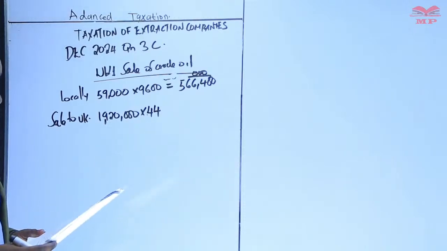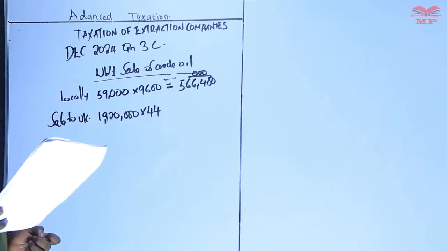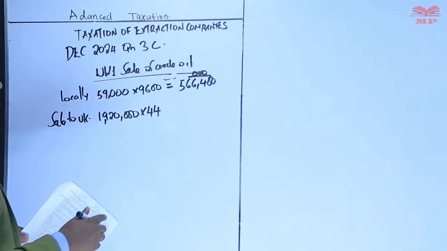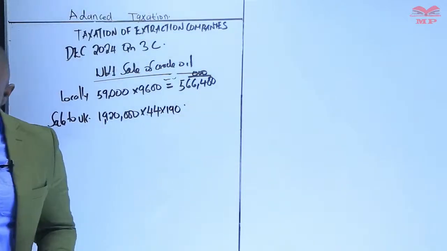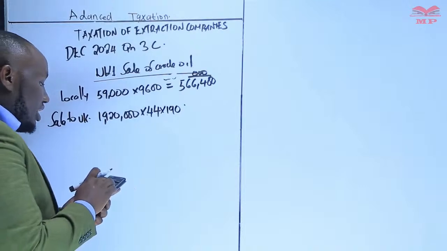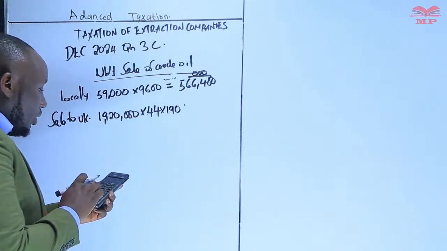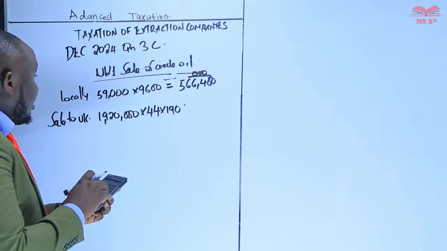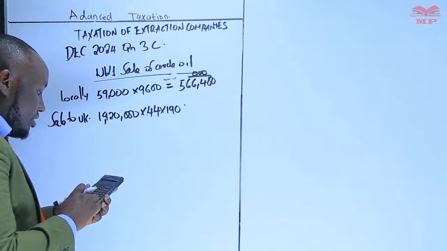What is the conversion rate? Remember, this is a company operating in Kenya. We're being told that £1 is about 190 shillings, so we multiply by 190 to get the figure. We have 1,920,000 times 44 times 190.